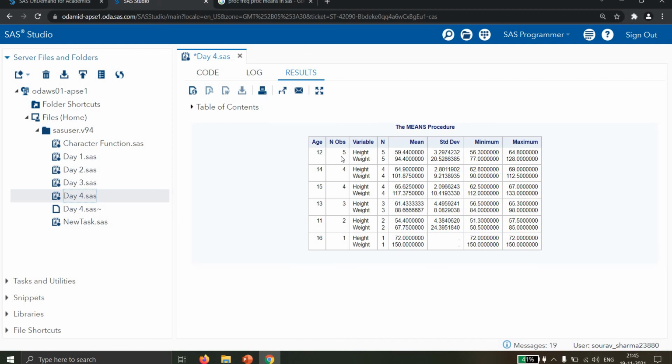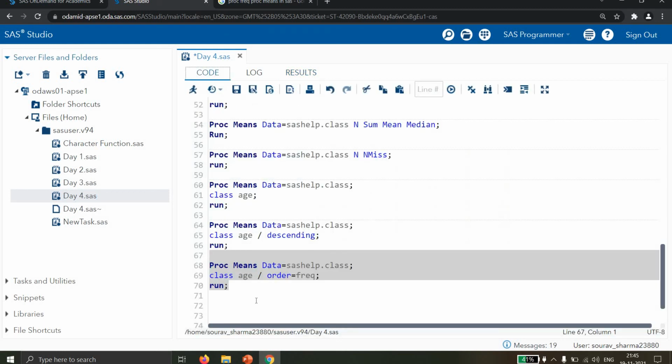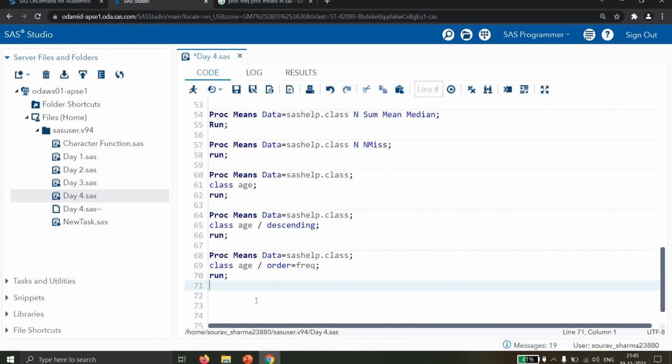Let's suppose age 12 has the maximum frequency of 5, then 14 we have 4, 15 we have 4, 13 we have 3, then 2, then 1. So higher frequency will be up and lower frequency will be down.